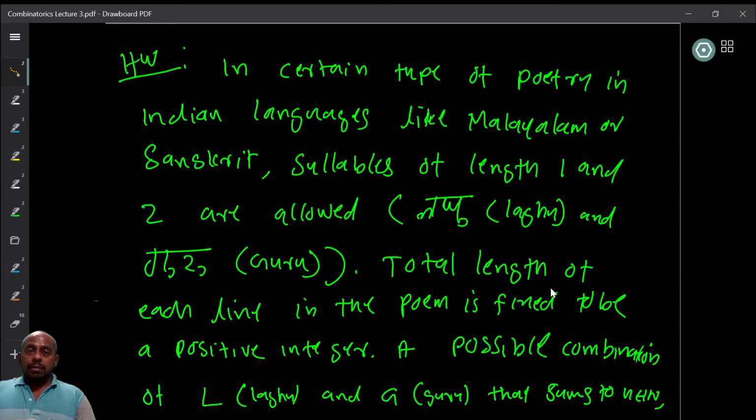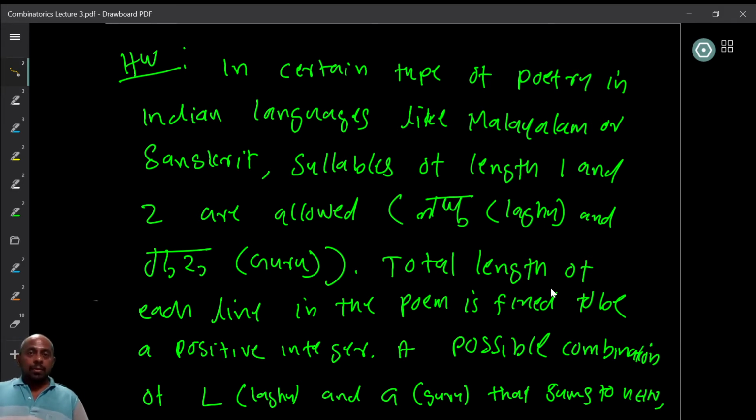Now, the total length of each line in the poem is fixed to be a positive integer in terms of syllable length. It should be exactly the same, for a certain kind of poetry. So let's say we allow exactly length 5. Whatever syllables you use, the total should be of length 5.